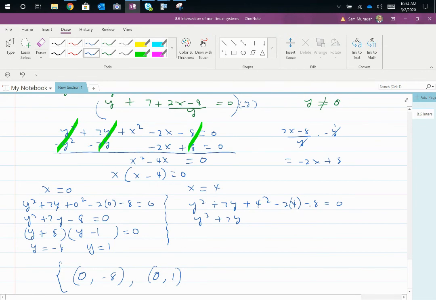This is positive 16 minus 16 is equal to 0. So this is 7y, sorry. We factor out y here. Y times y plus 7 is equal to 0. So y is equal to 0 and y is equal to 7. So we know from the start that y cannot equal 0. So this answer can't be here. The only other answer is y is equal to 7. So when x is equal to 4, y is equal to 7.